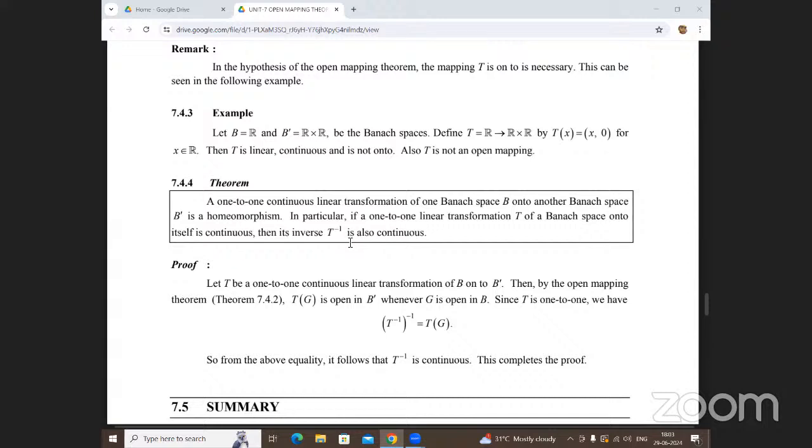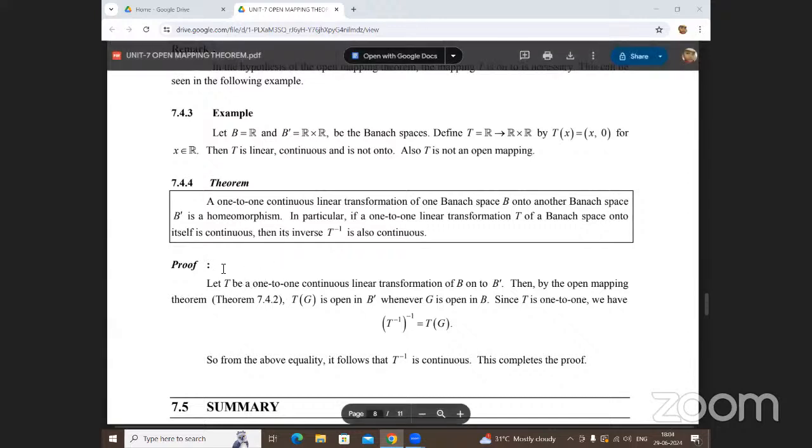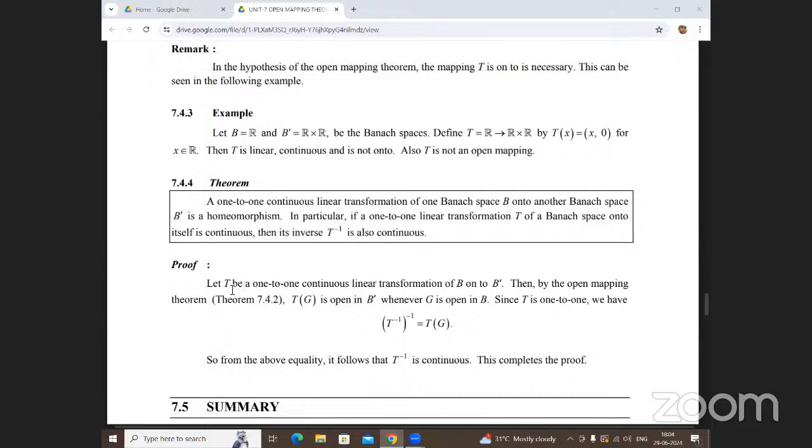This proof we have already discussed in the above lemma: f is continuous and f inverse is continuous. You just have to refer to the above lemma, that is 7.4.1. Now 7.4.2 is state and prove the open mapping theorem.